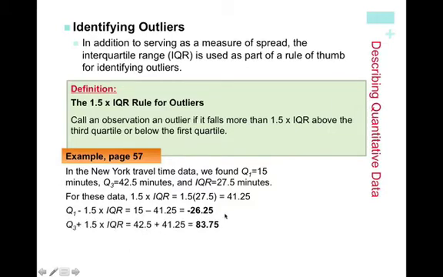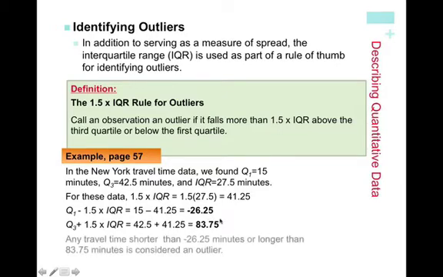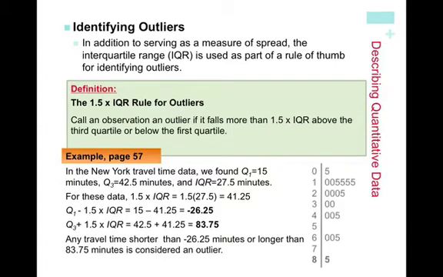Anything less than the lower number is an outlier, and anything greater than the upper number is an outlier. In this data set, obviously we had no negative commuting times, but 85 is bigger than that, so 85 would be considered an outlier. Just remember that 1.5 times the IQR rule.